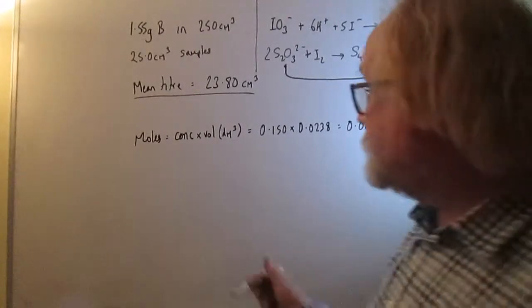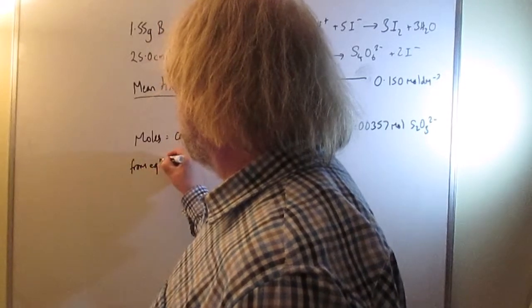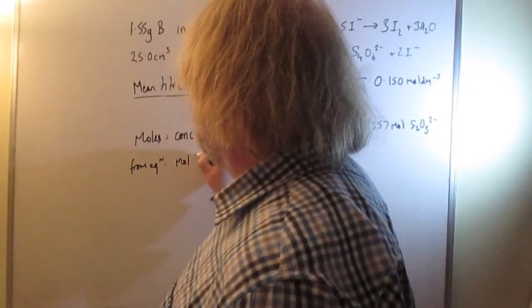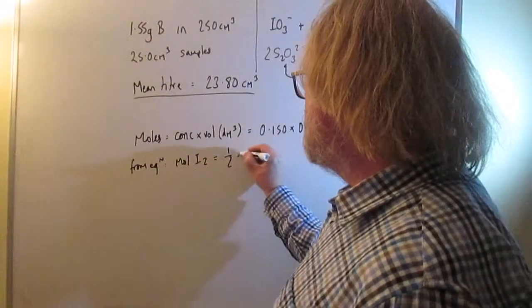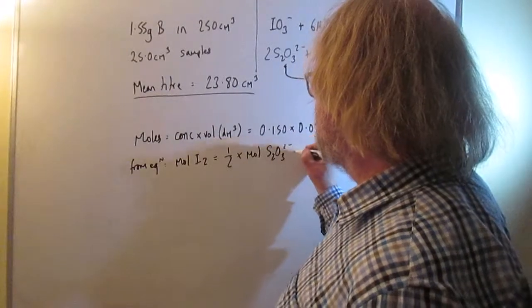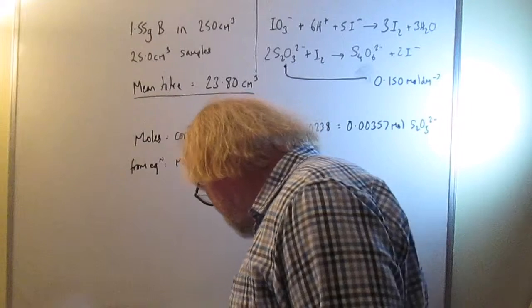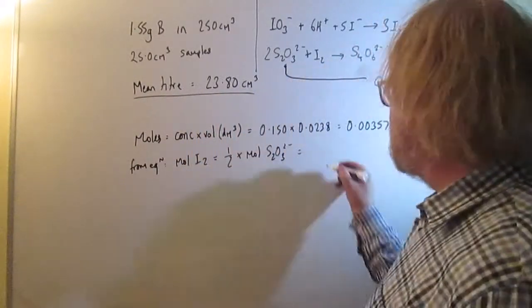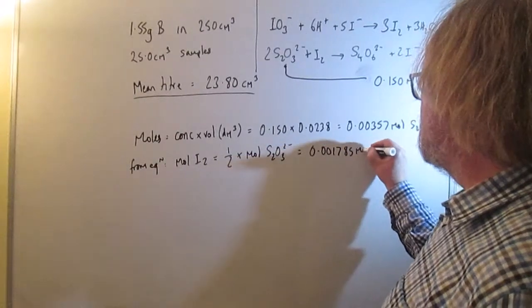So the next job is to say that from the equation, moles of iodine, and you can see it's just half as much, is a half of the moles of thiosulfate, because that's what that equation tells you. So we just divide that number by 2 and we get 0.001785 moles of I2.